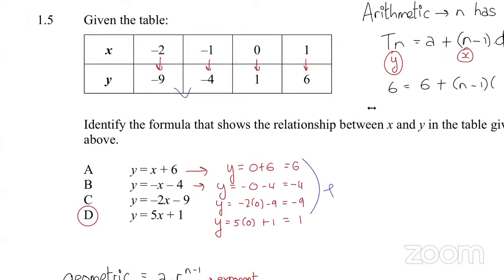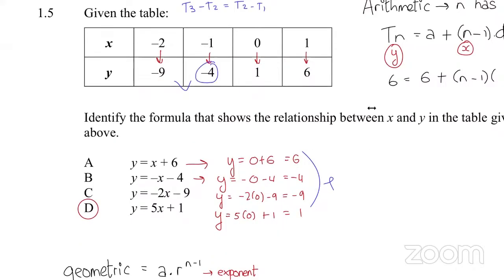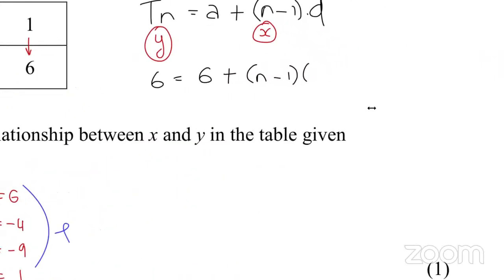Remember, the difference is T3 minus T2, which should be equal to T2 minus T1. So let's do T2 minus T1, which is negative 4 minus negative 9. This is equal to positive 5. So we can call our difference 5.